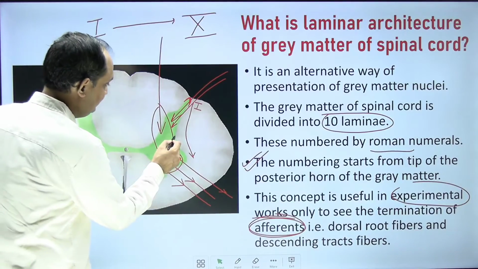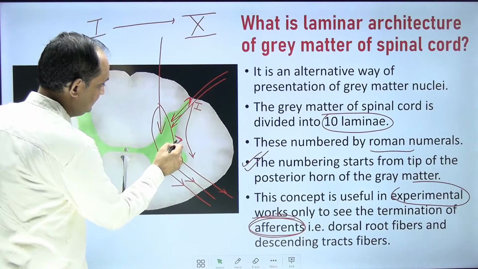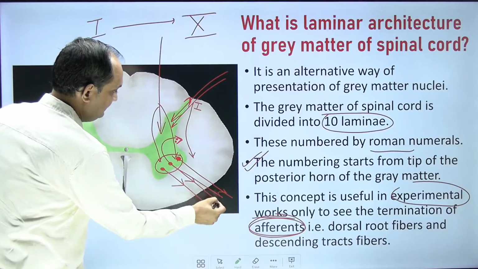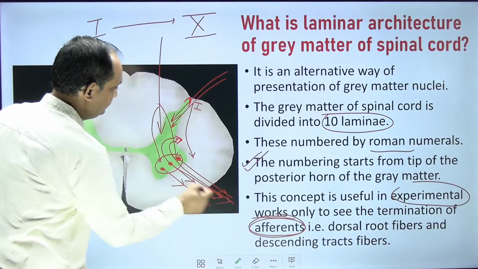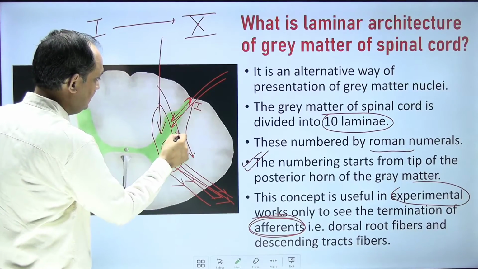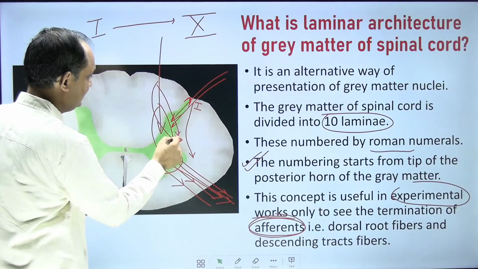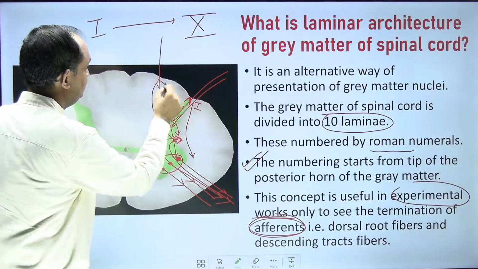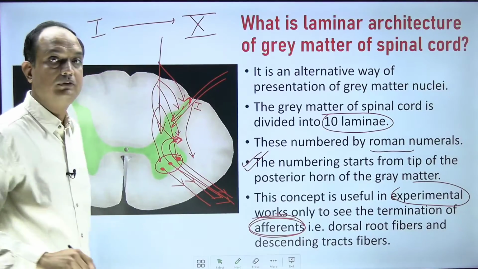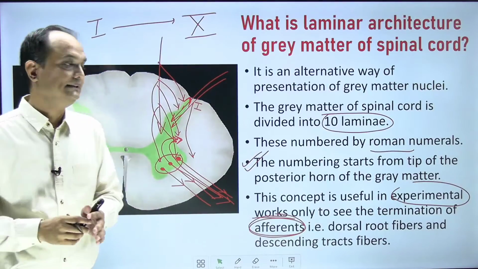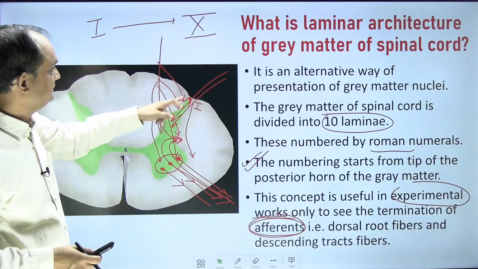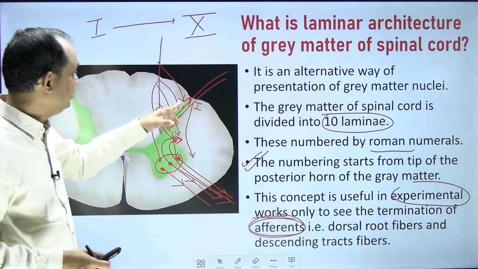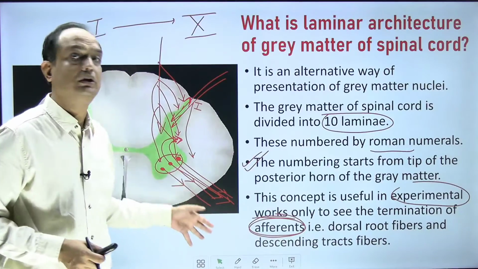In the same way, you have the lateral horn here. The neurons of the lateral horn, which give fibers that exit through the ventral root, also receive termination of the descending tract. And the posterior horn also receives termination of descending tracts. It means these descending fibers are modifying or modulating all sensory as well as motor output.